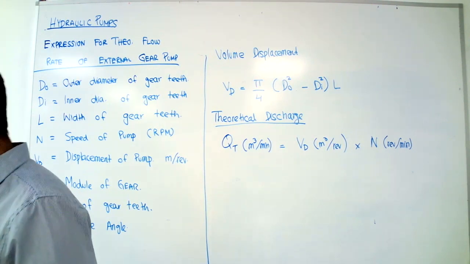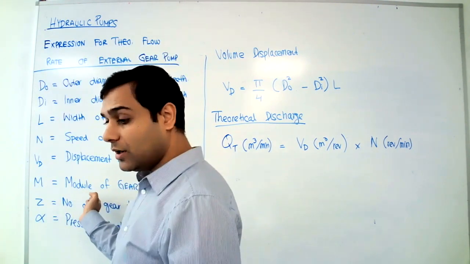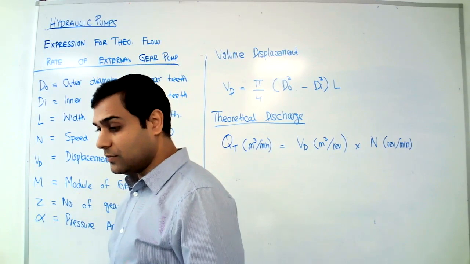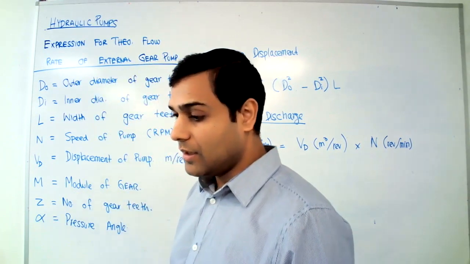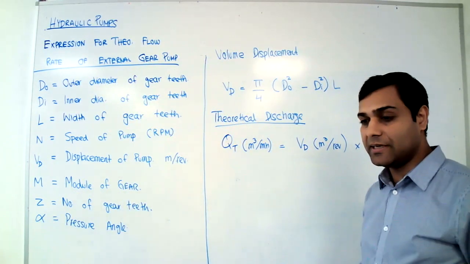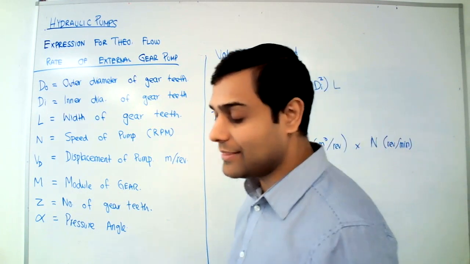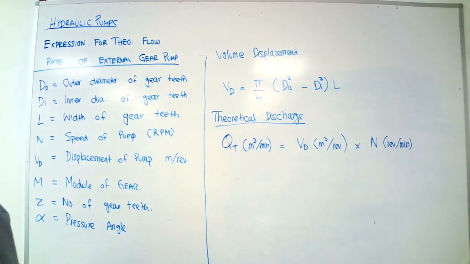Now, there's a module thing. What is that bit as well? If the gear is specified by the module and the number of teeth, then we have another formula.